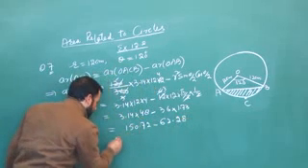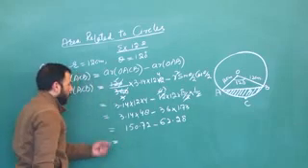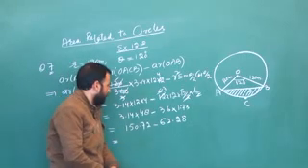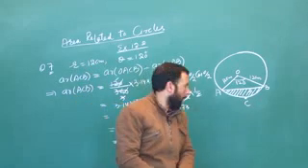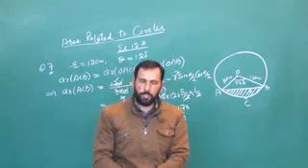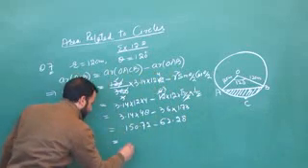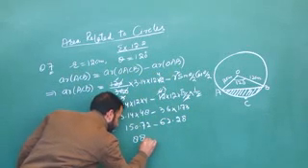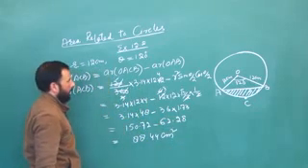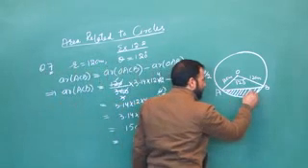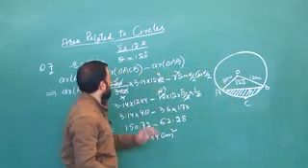After subtracting, 150.72 minus 62.28, the result is 88.44 square centimeter, which is the area of the corresponding segment. So once again we recap this question.